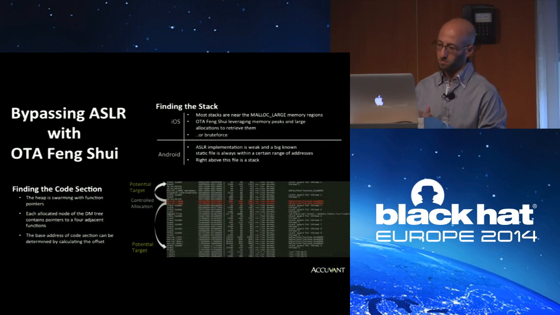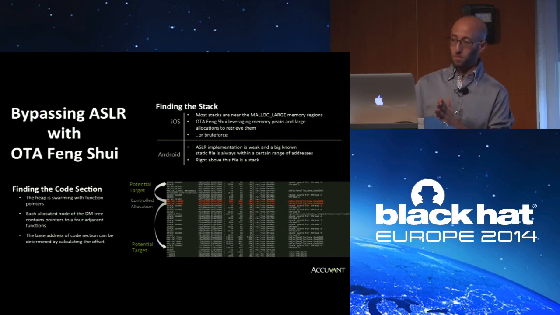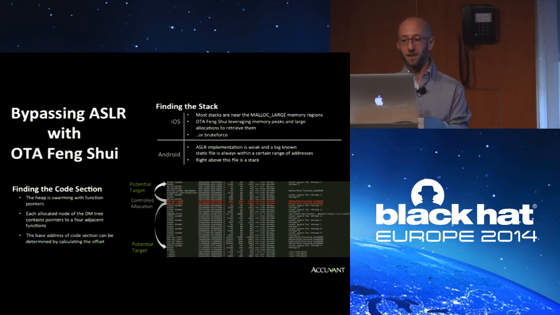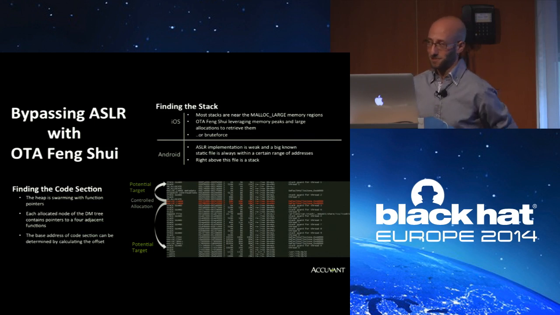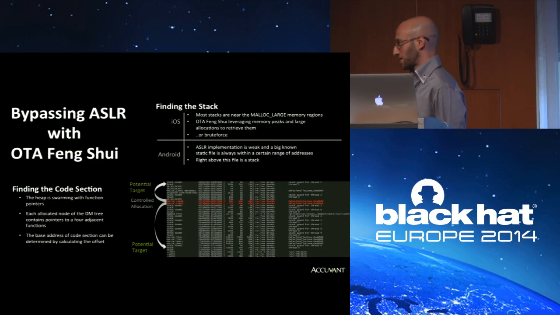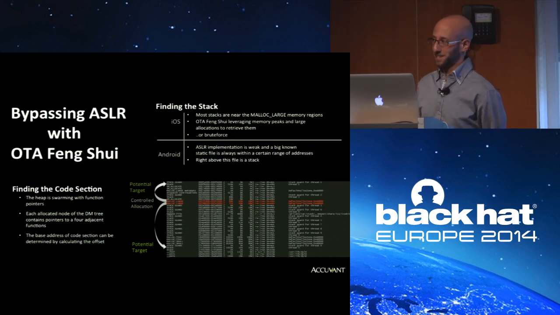Okay, so let's go into the nitty-gritty of the actual exploitation process. Let's start with finding the stack. Most stacks on iOS are near the malloc large memory regions. And remember what I mentioned earlier: malloc large memory regions are somewhat deterministic.